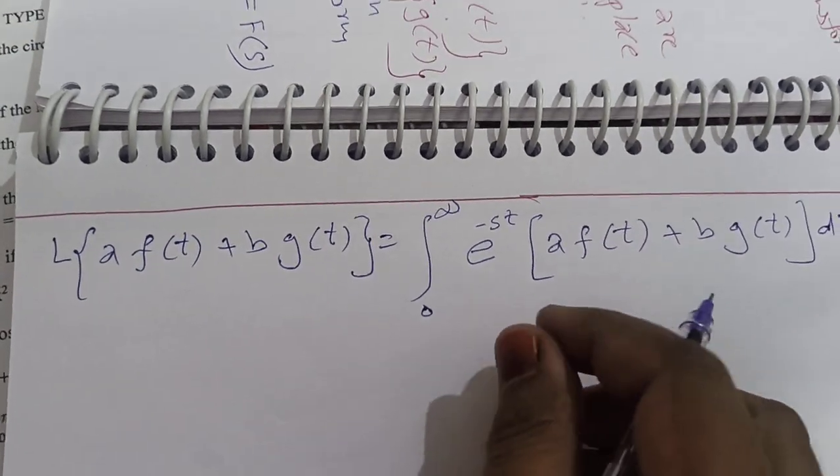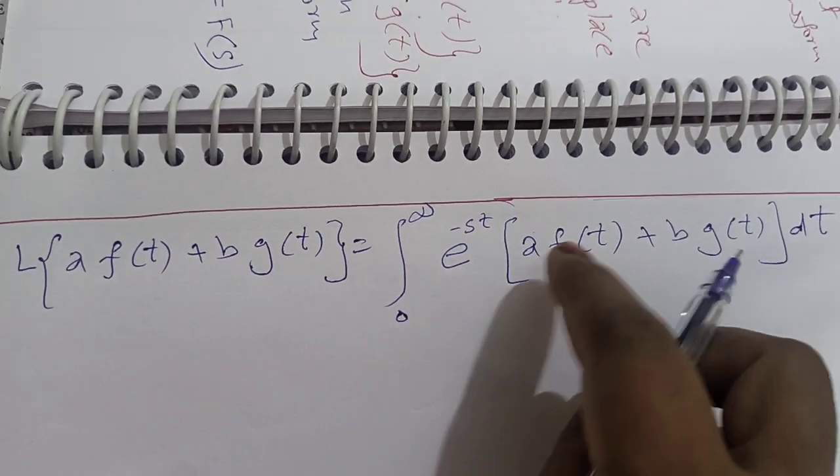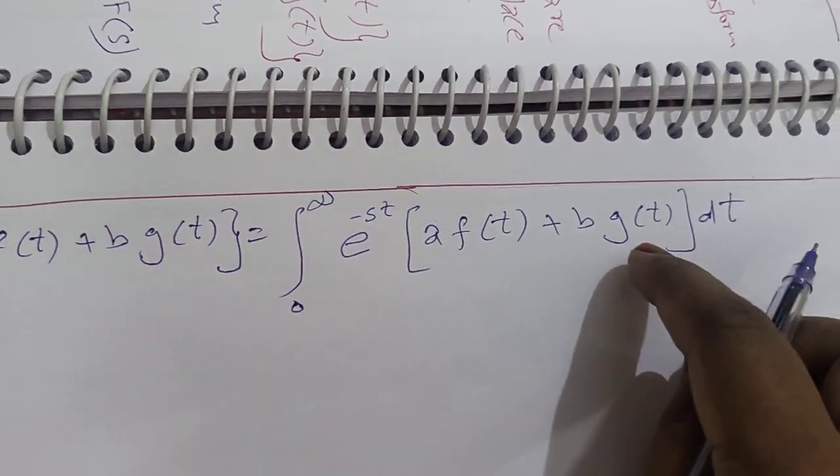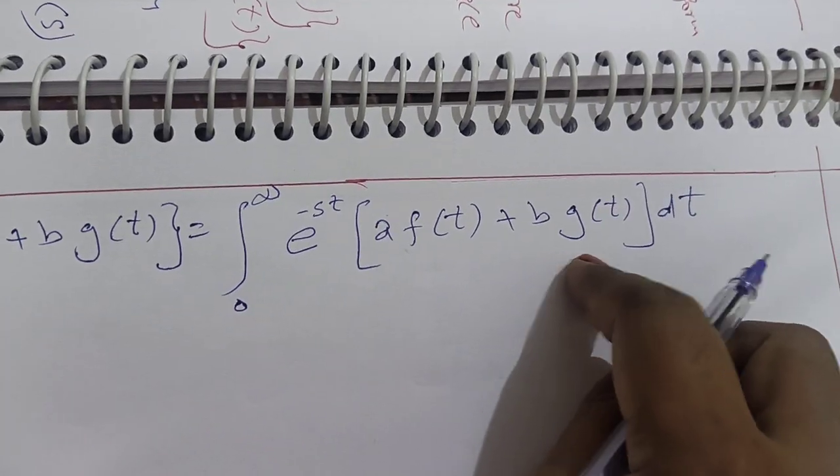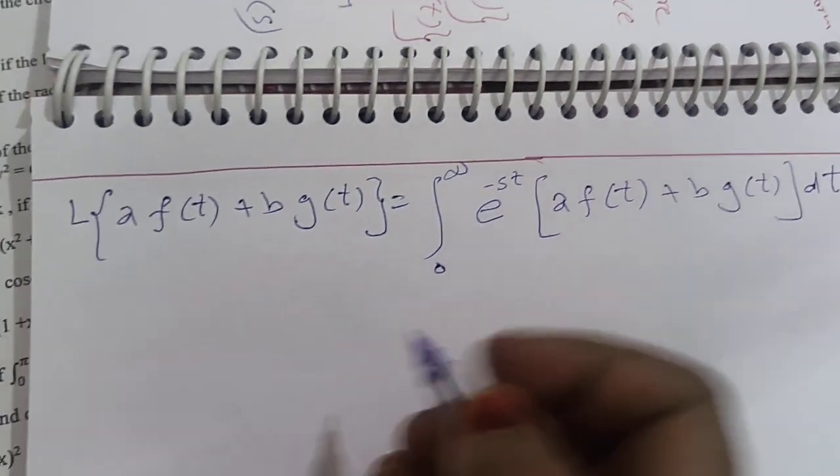Now we will separate each term. We will multiply a f of t with e to the power of minus st. Similarly, e to the power of minus st is multiplied by b into g of t.